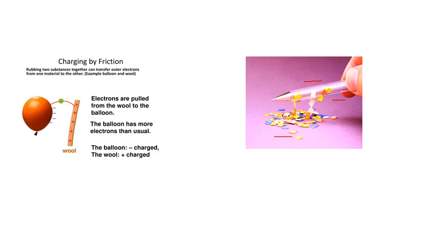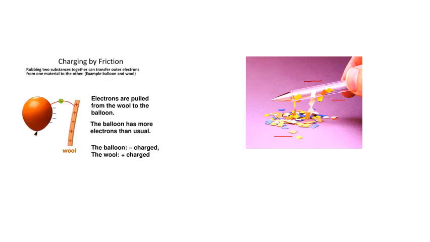You might have noticed that these light pieces of paper are attracted toward this ball pen, which is made of plastic. Why does this happen? On rubbing it with hair, it becomes charged. The same thing will happen when a plastic comb is rubbed with hair. Yes or no? Now I will explain this using one more example.